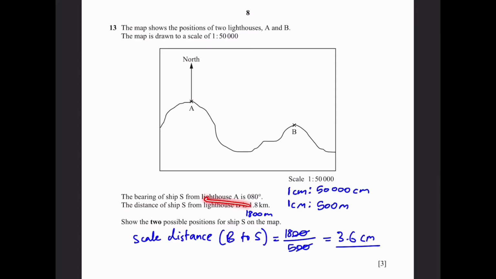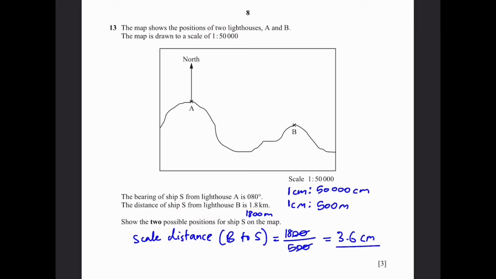Now, let's concentrate on lighthouse A now. I will not be showing you exactly with all the measurements, but I'll show you how to do it and what steps you need to take. So first, for point A, put your protractor so that it aligns with the north line at 0 degrees. And then measure the angle clockwise like this, 80 degrees.